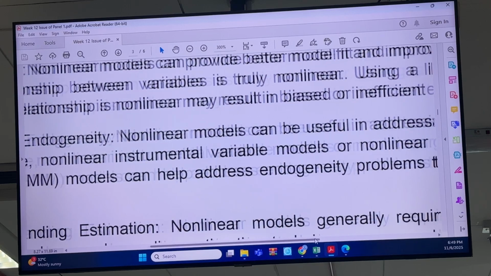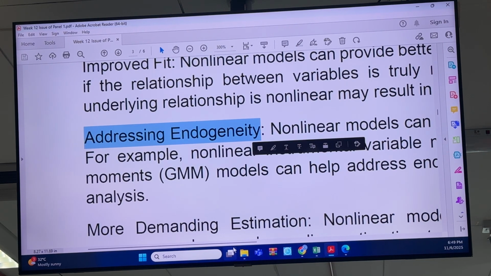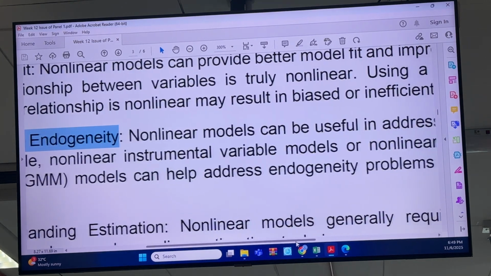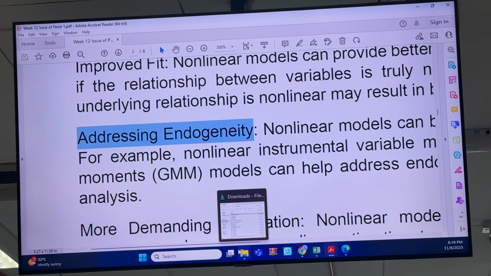Next, addressing endogeneity. Maybe, right? It's linked to GMM, and to nonlinear models. Useful to address the endogeneity? Maybe yes, maybe no, right? Because endogeneity is actually related to causality.